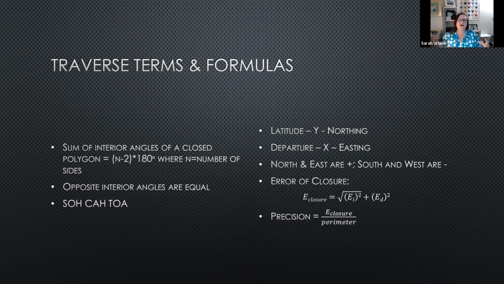So your homework: last week we went through an example in class where we figured out the interior angles of a triangle. We calculated 2 of them and then said the third one is really just 180 minus those other 2 angles, because the sum of the interior angles of a triangle equals 180. It follows that formula: 3 sides minus 2 times 180 gives us 180.